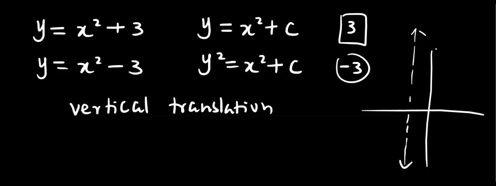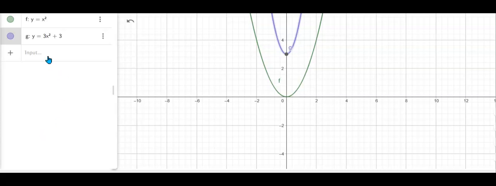Let us look at our graph. I just plotted y equals 3x squared plus 3 on GeoGebra. Why do we do that? Because 3x squared, as we have studied earlier, is a vertical stretch, which means this blue graph is closer to the y-axis than this parent graph. And plus 3, did you see the parent graph?